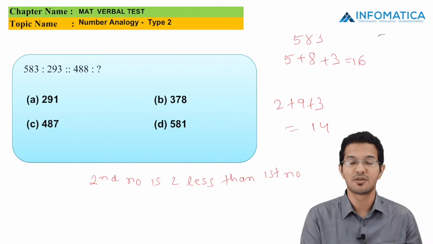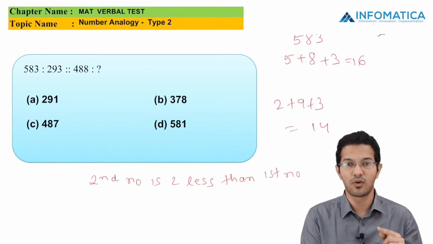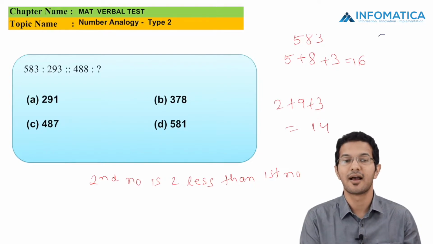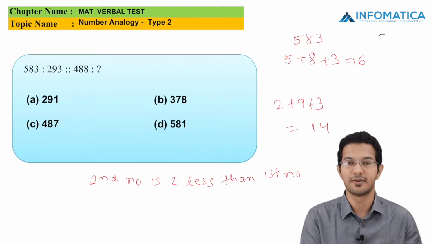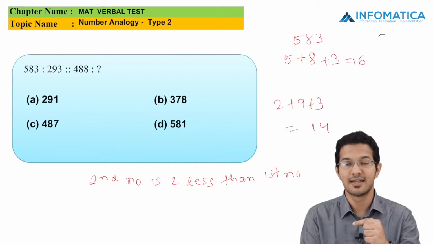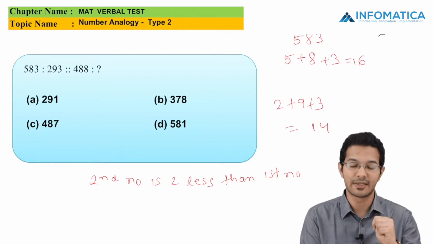The next number is 488. If I add the digits, 4 plus 8 plus 8, I get 20. So I need a number whose digit sum is 2 less than 20, which is 18.